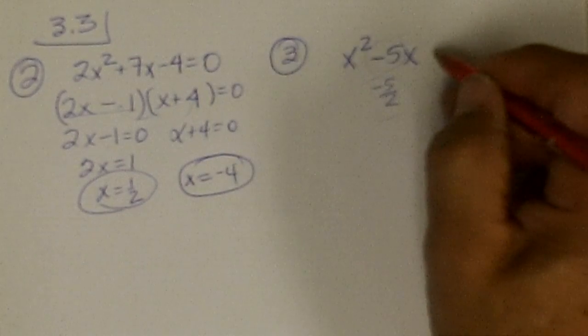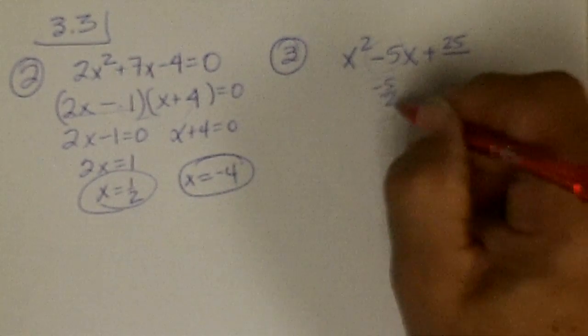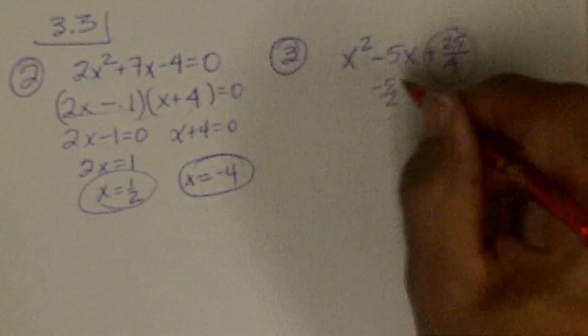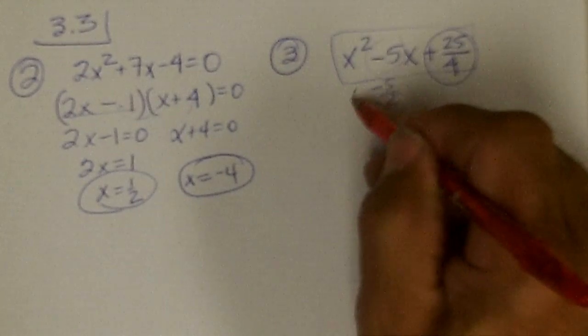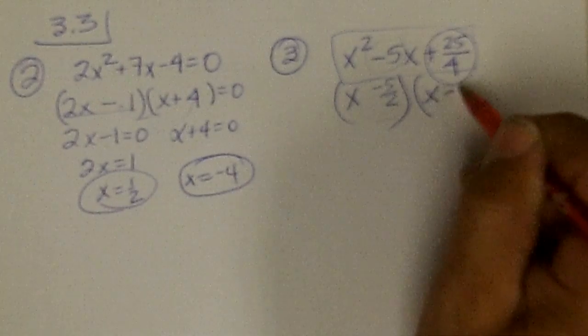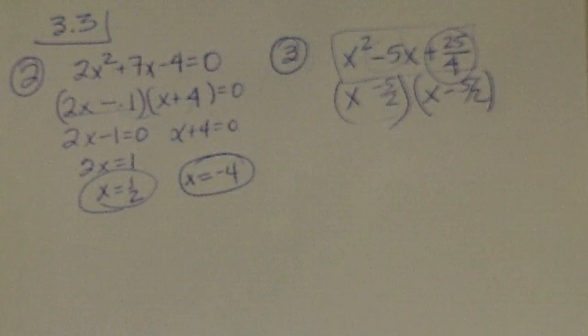So negative 5 times negative 5 is 25, and 2 times 2 is 4, and that's the number you would add to complete this square. This would make a perfect square. That's x minus 5 halves on one side and x minus 5 halves on the other side. That's 2 and 3.